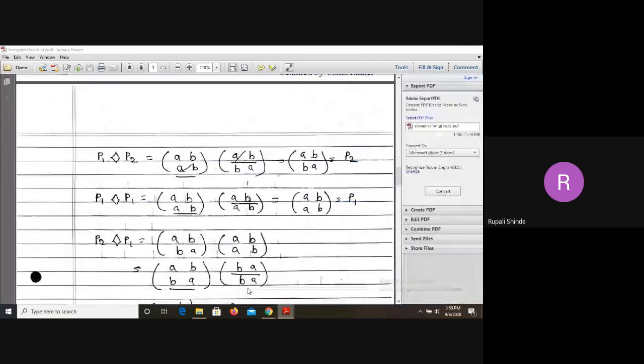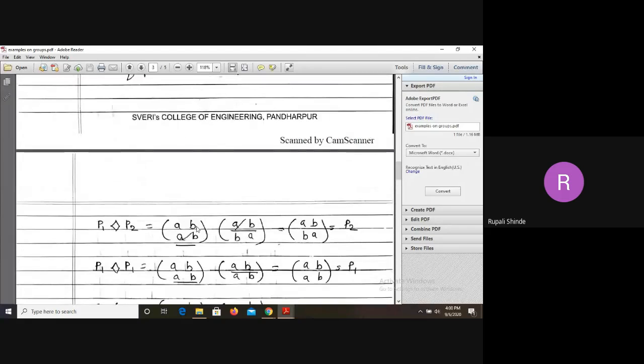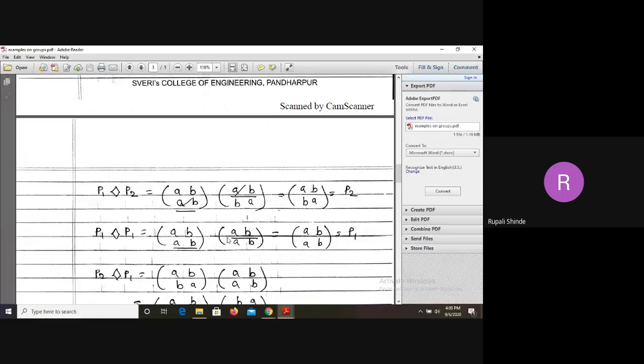The value for P1 is AB, AB, and again P1, so again we take the same value AB, AB. In order to take the permutation, the second and third element must be the same.